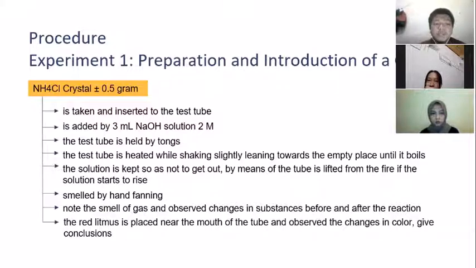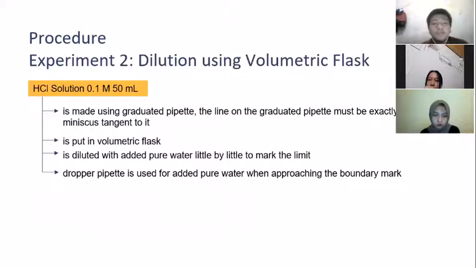After that, we smell by hand fanning and note the smell of the gas, and observe the change in the substance before and after the reaction. The red litmus is placed near the mouth of the tube, and we observe the change in color and give a conclusion. Procedure for experiment 2, dilution using volumetric flask.